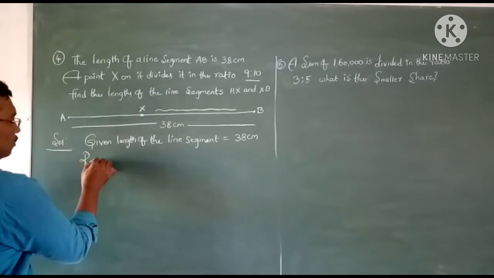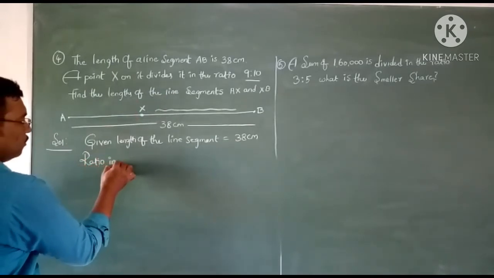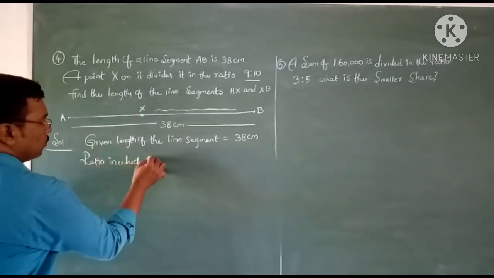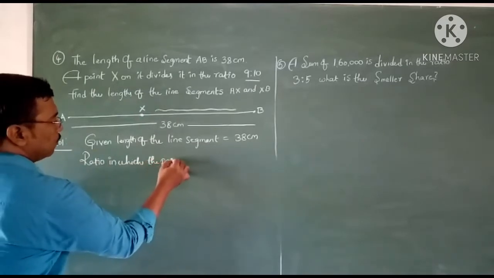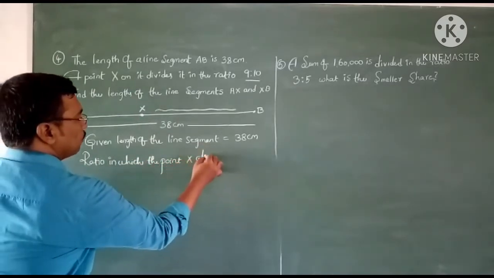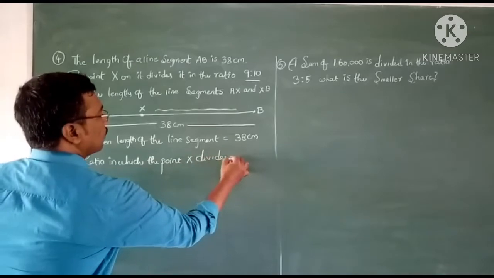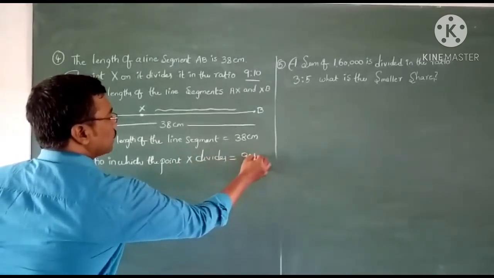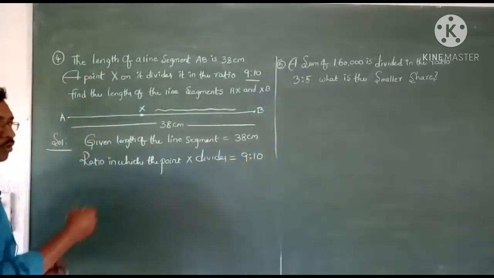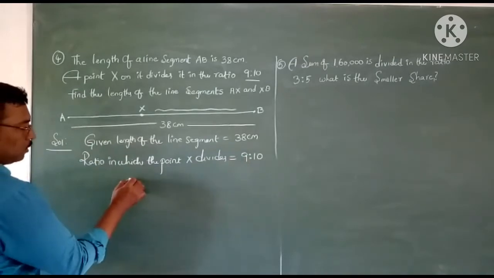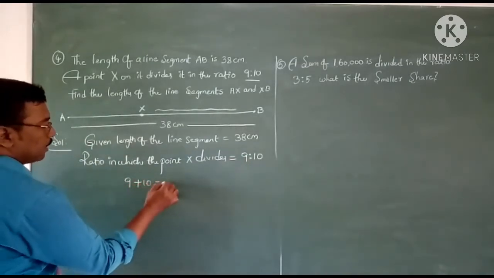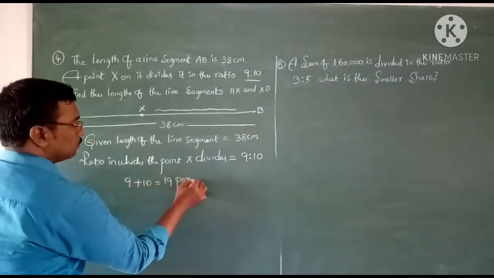So the ratio in which the point X divides is equal to 9:10. That means how many parts? 9 plus 10, 19 parts.